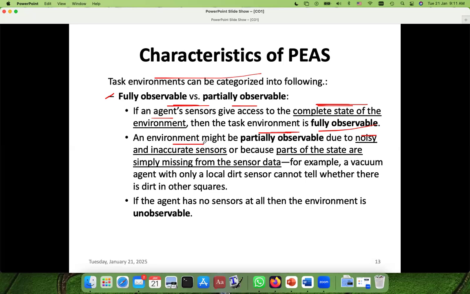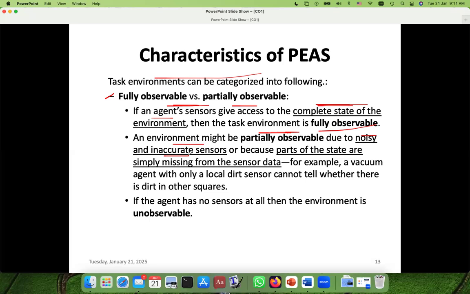So leave this. But here you can say that if your sensors are inaccurate due to any reason, due to depreciation, you can say your sensor is old enough, and then it is reading inaccurate data.